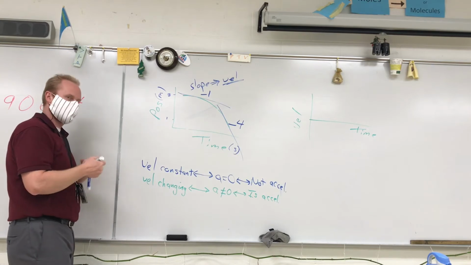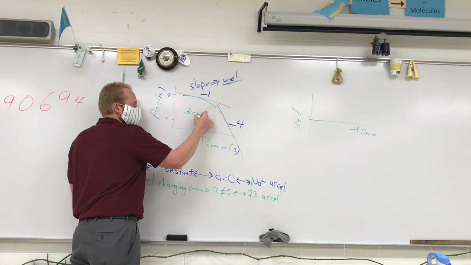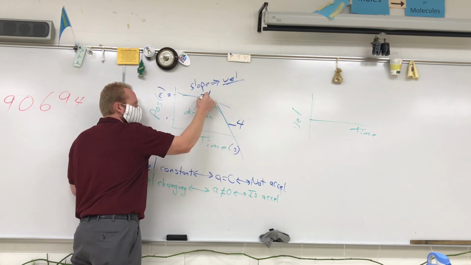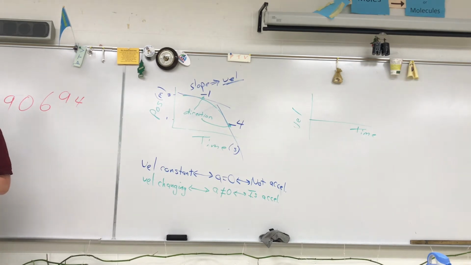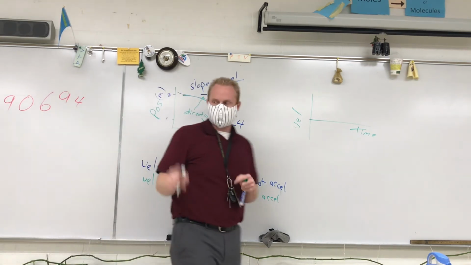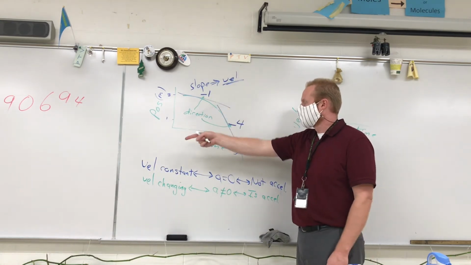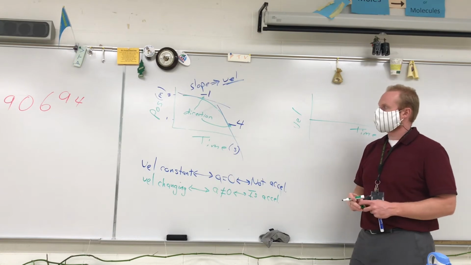What does the negative slope tell me? It tells me the direction. It's moving that way. So it was moving 1 meter per second that way, right here. Now it's moving 4 meters per second that way. Is this thing speeding up or slowing down?